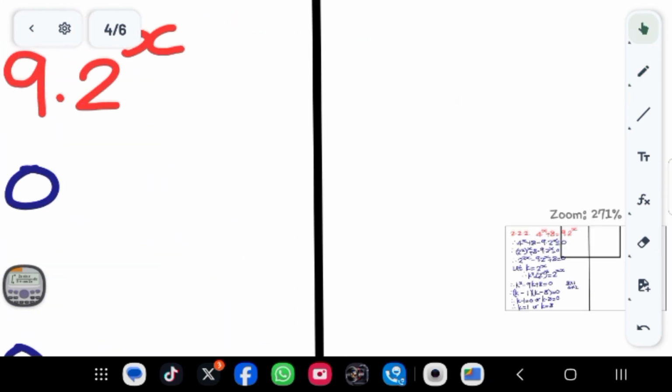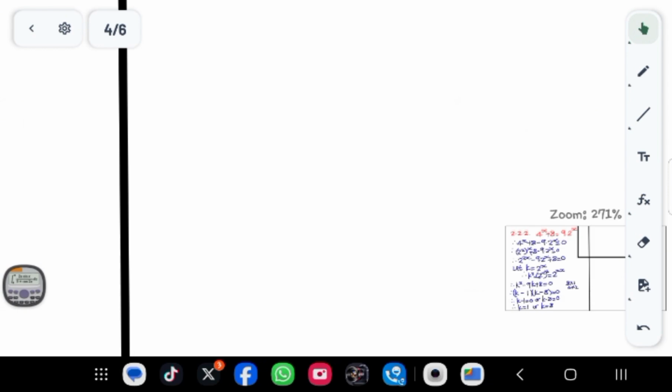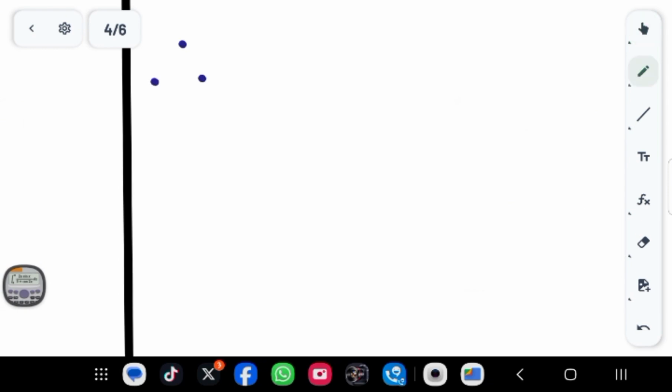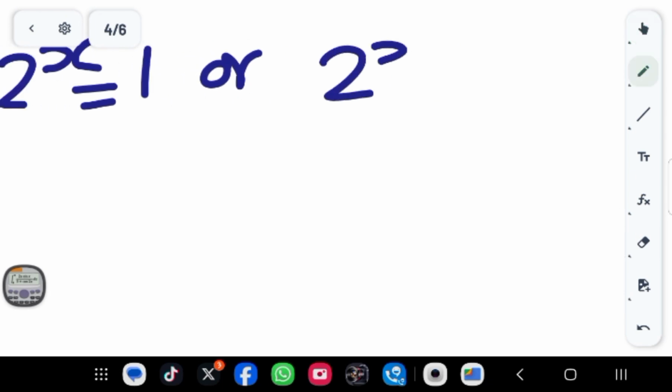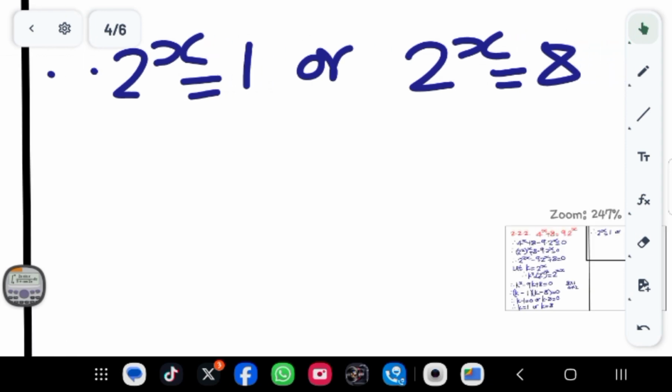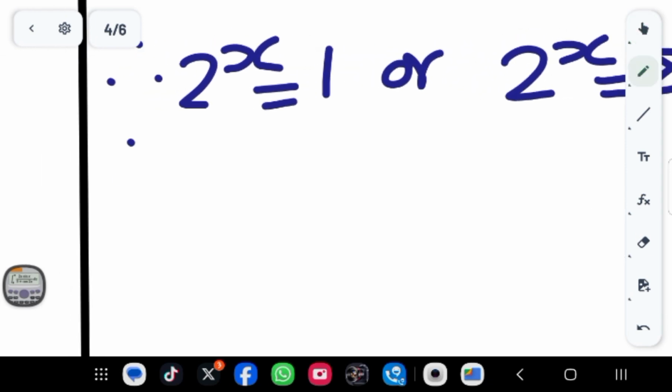Now what we do is we substitute k back into 2 to the power of x, so that is 2 to the power of x equals 1 or 2 to the power of x equals 8. Now you express the right hand sides as powers of the base 2.